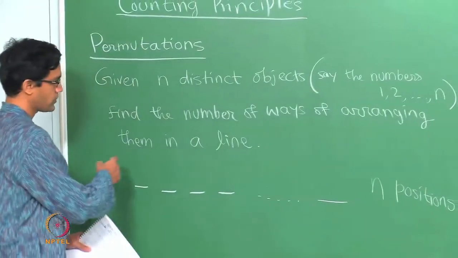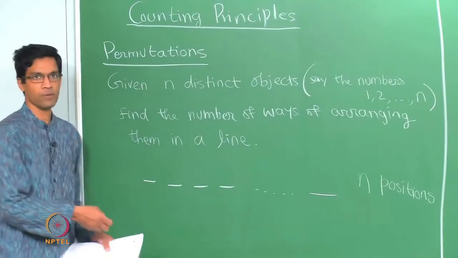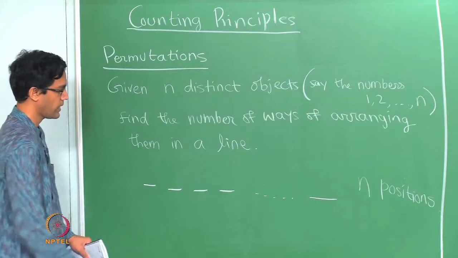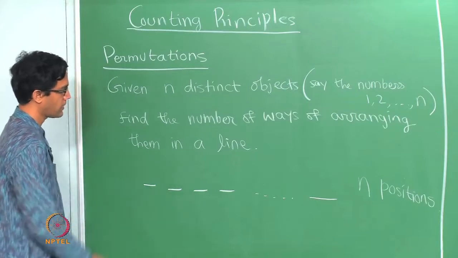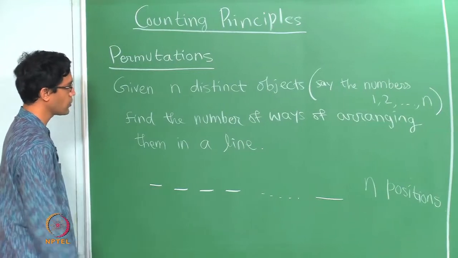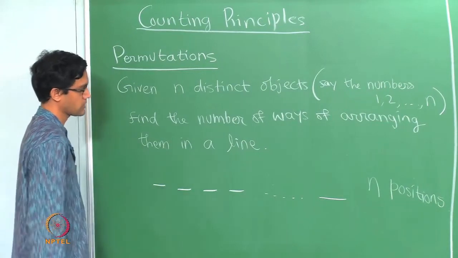Okay, so we think of this as being the following problem. You are given n positions, denoted this way along in a straight line, and in each position or box, what you want to do is to place one of these n objects.